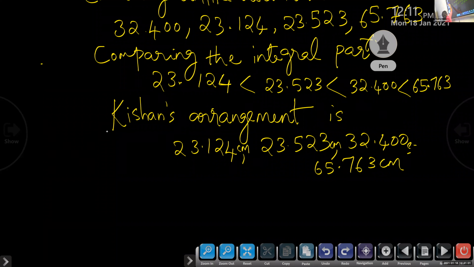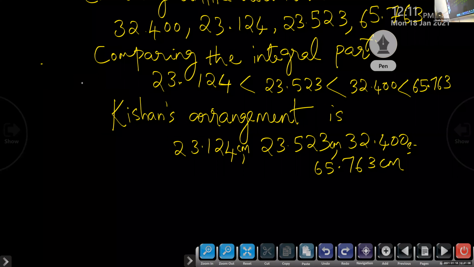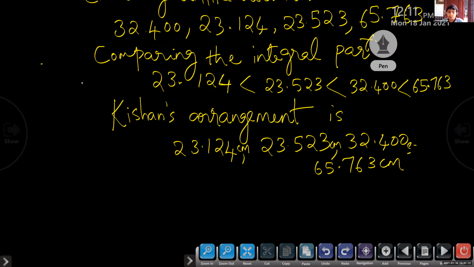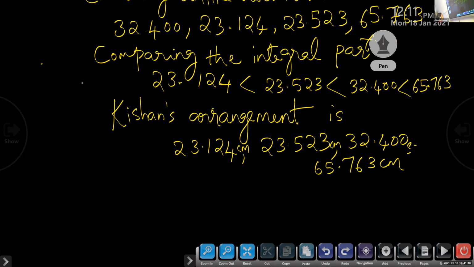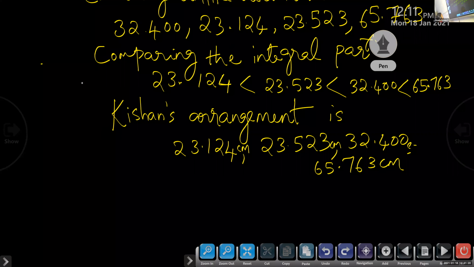Yes, Gautam. Ma'am, you also told to arrange in other order. Yes, Gautam, that's what I told. He also arranged them in another way. So if you have place, you can just write from the back: 65.763, 32.400, 23.523, 23.124. Do you have place? Yes, ma'am.